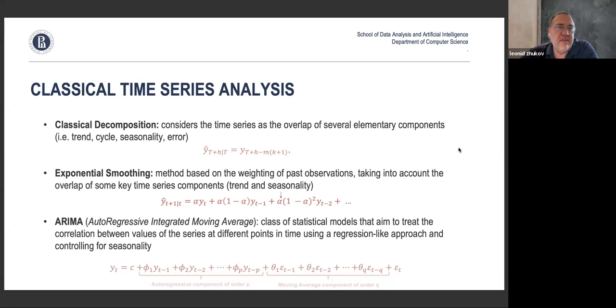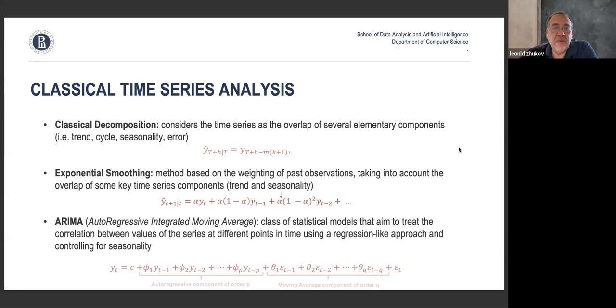Another method, which is very popular, is called the exponential smoothing method. This tries to predict the future value taking into account previous time steps, but making them decay, right?